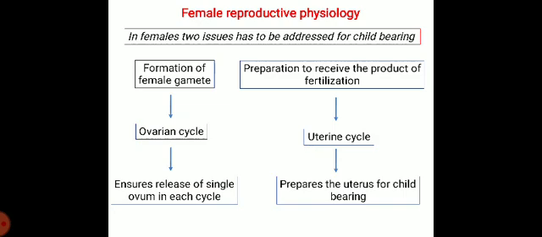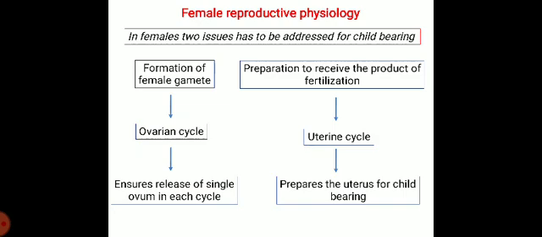When the ova form in the ovary, some changes occur in the ovary, known as the ovarian cycle. And when the ovum is formed, a single ovum is released from the ovary into the peritoneal cavity near the fallopian tube. This process is known as ovulation.